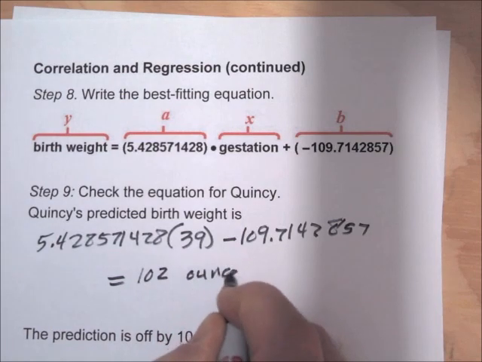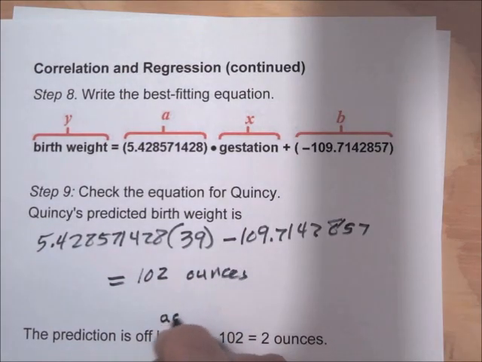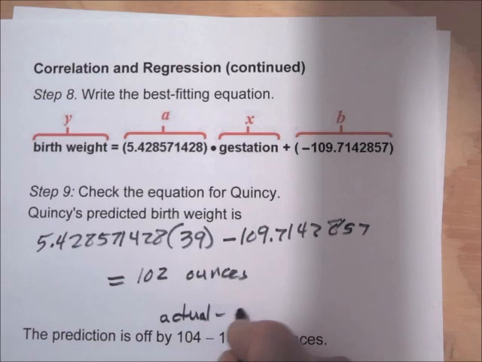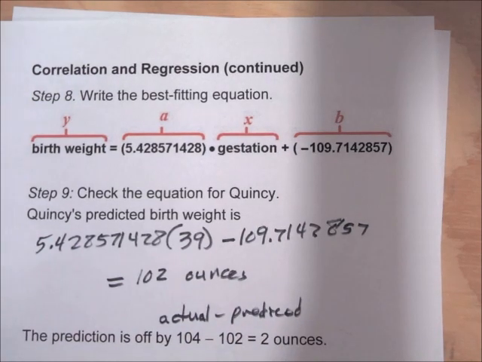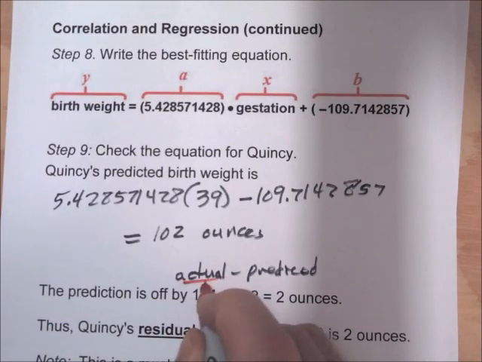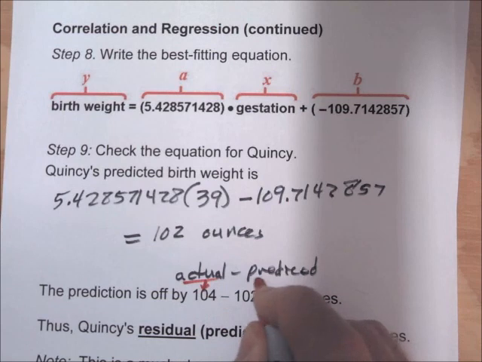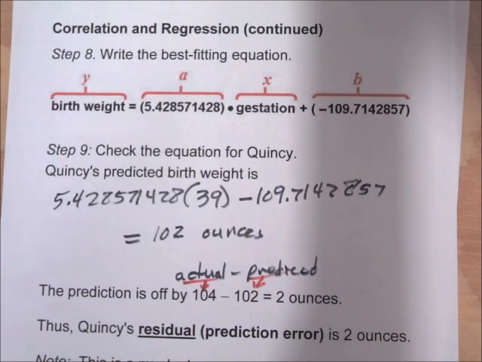So Quincy's actual birth weight was 104, and we just now predicted 102. So the residual or the prediction error for Quincy was 2 ounces.